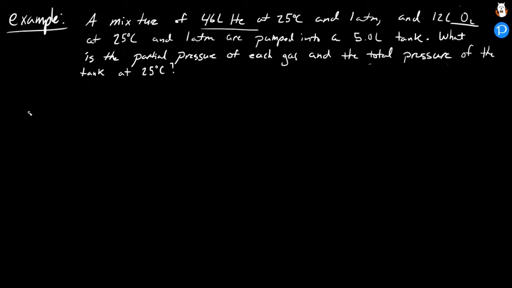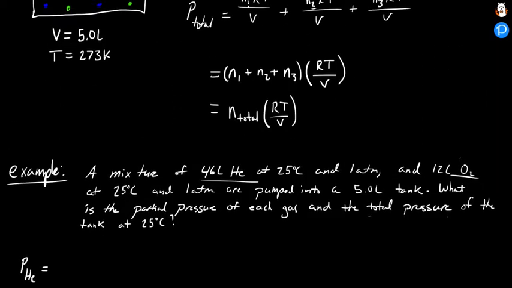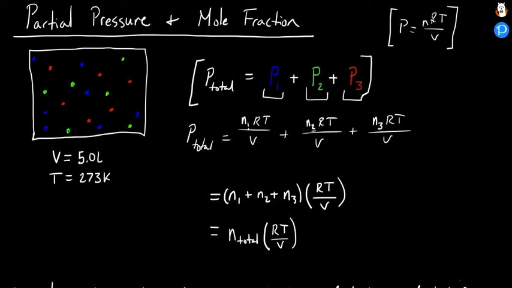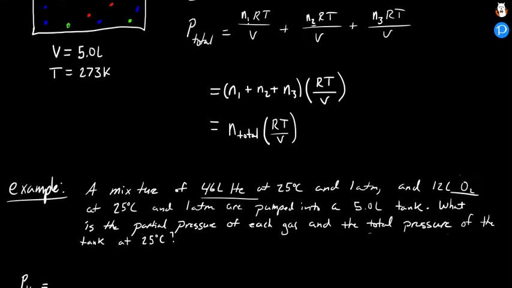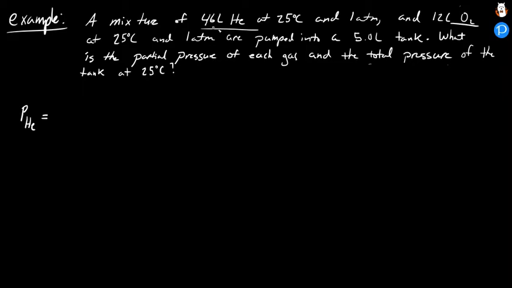Well, the pressure of helium is going to be equal to the number of moles, times R times T, temperature, divided by the volume. If I come back down here, though, I don't know how many moles I have.